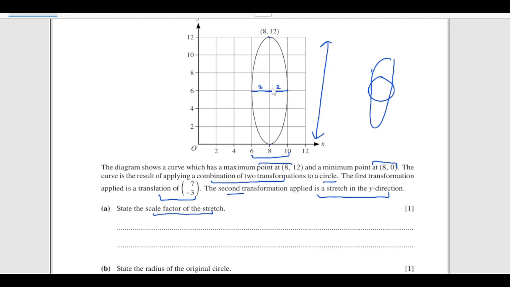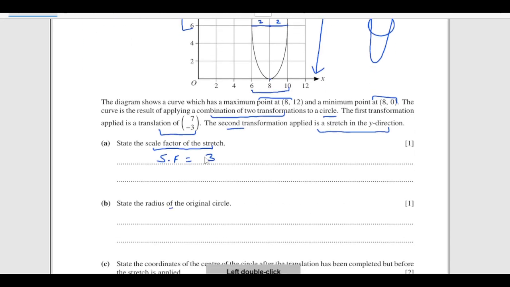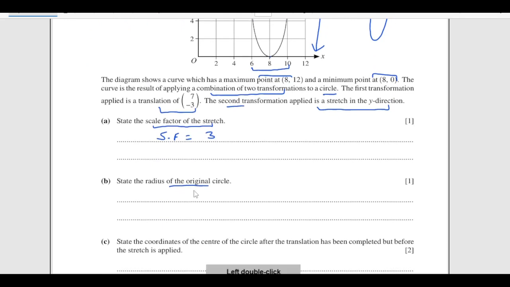Then the stretch is from here to this one, so this is 6. So the stretch factor here is 6 divided by 2, that is 3. So the stretch factor is 3. Now state the radius of the original circle. We have just done this, this is 2 and 2, so the radius is 2 units.